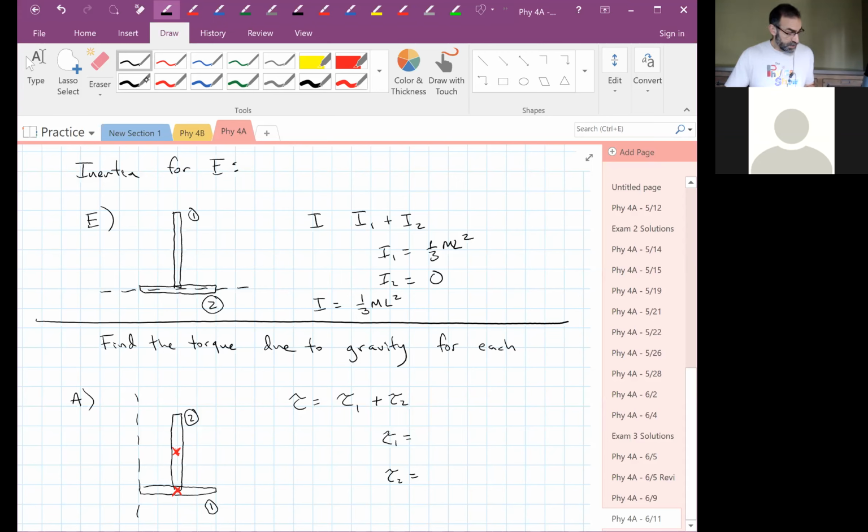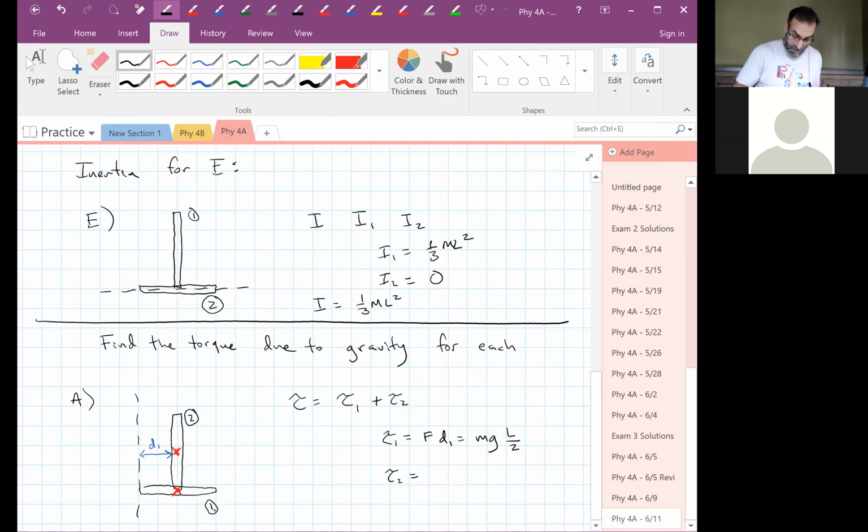All right, so the torque is the force. The force is straight down into the page. The lever arm is this distance right here. So this is the force times the lever arm. The force is the weight. The lever arm is L over 2.